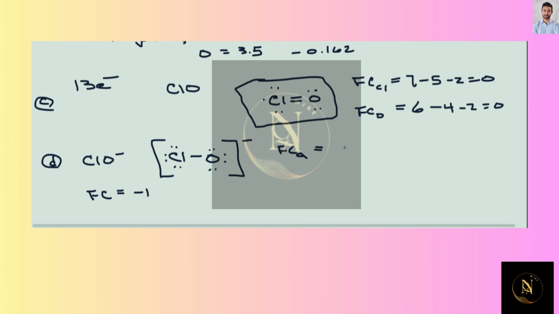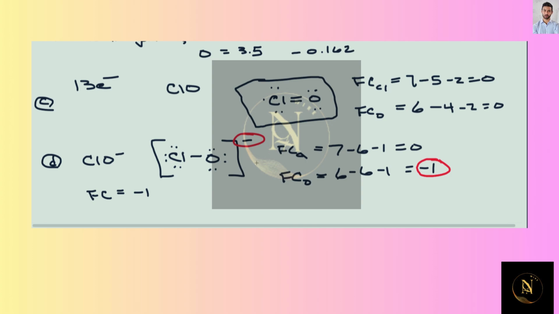For the Cl now, 7 is what we would normally have. We have 6 lone electrons minus a bond. So 7 minus 6 minus 1, that's 0. If we do the formal charge of oxygen, 6 valence electrons, we have 6 lone electrons and a bond. That equals -1. So what have we done? We have the charge of our ion equal to the overall formal charge, because 0 plus -1 is -1.